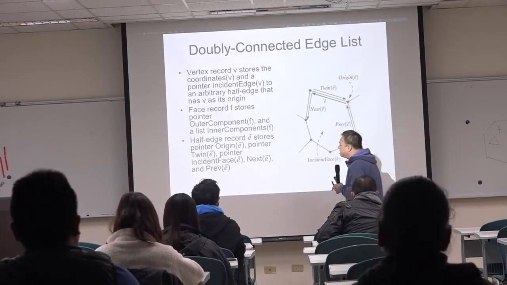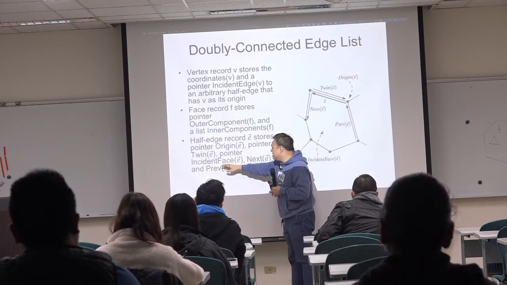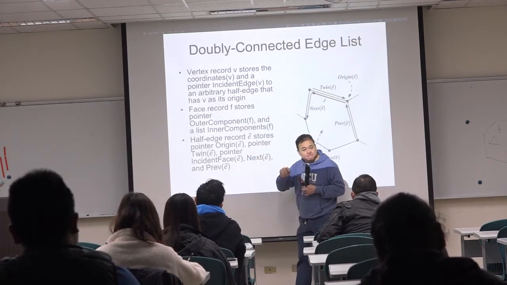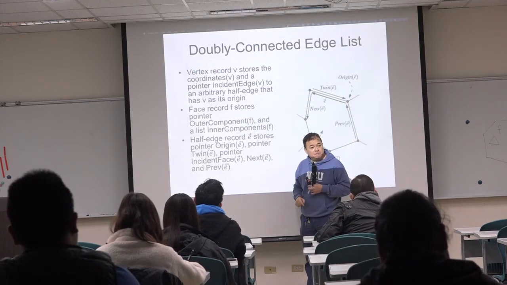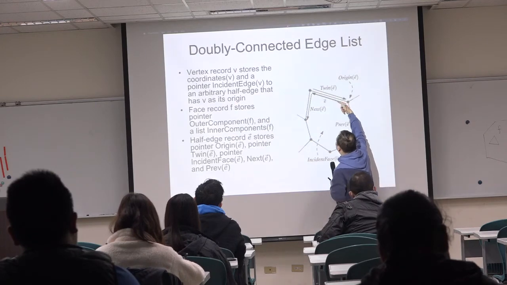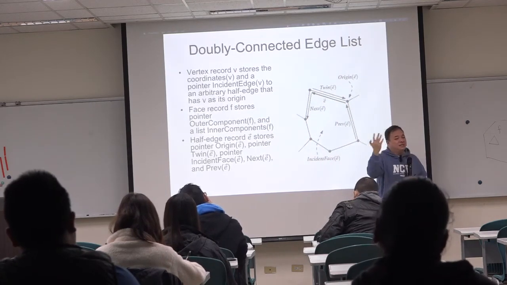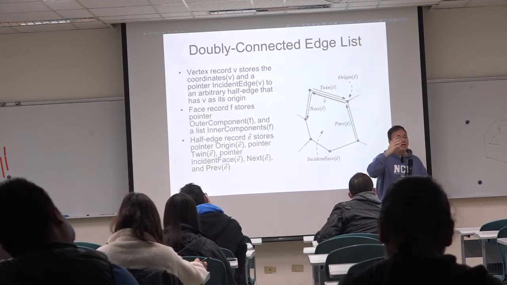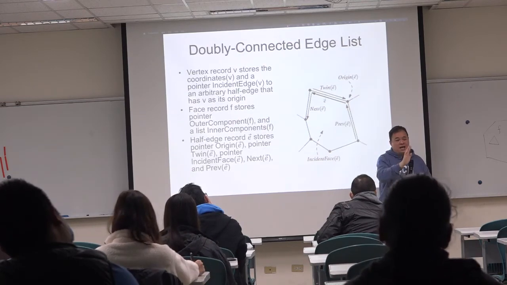Then it will have a pointer to point to the incident face. But which face does it point to? For an edge, remember, there will be at most two faces on either side. So which face does it point to? This is not an arbitrary one.